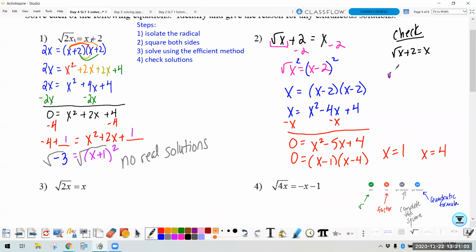So I have to plug in 1, and I have to plug in 4, and simplify to see if I get a true equation. So this would give me 1 plus 2, that's 3, not 1. 1's extraneous. That works. So 4 is the only answer.